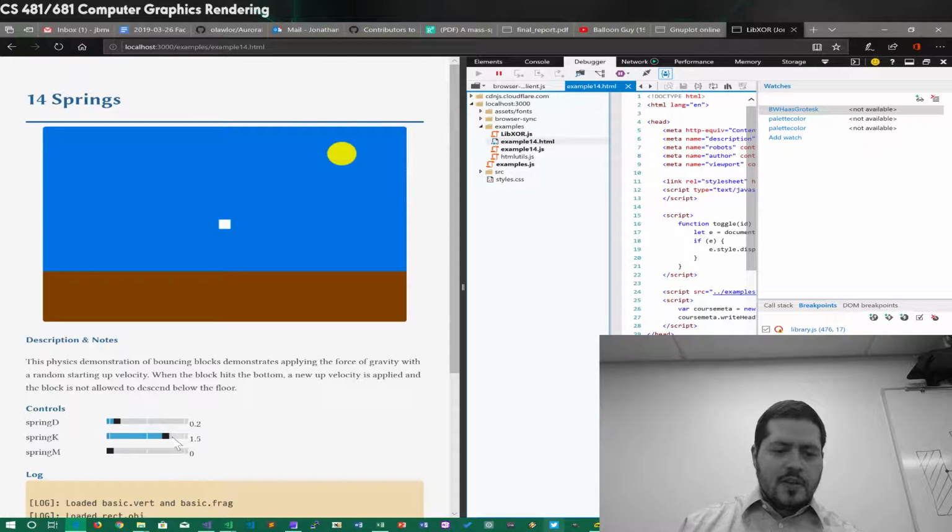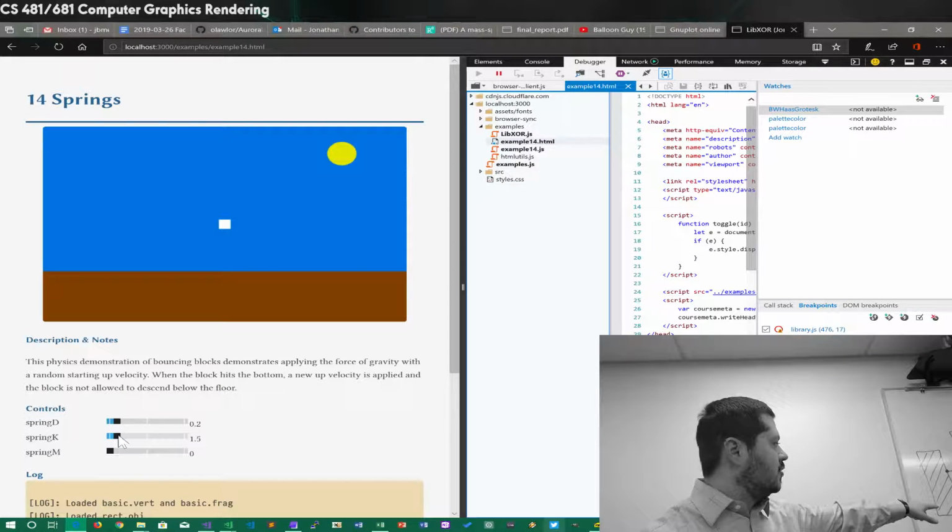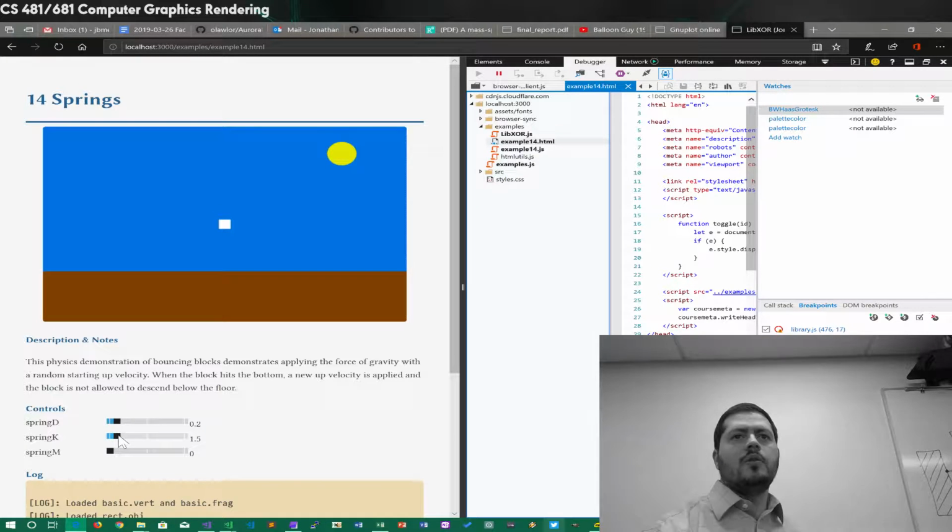Okay, so let's think about it, what happens if K is low? Because it's written in terms of how far you are from the equilibrium point, it's like a restitution force. What do we think is going to happen if we set K to be low?